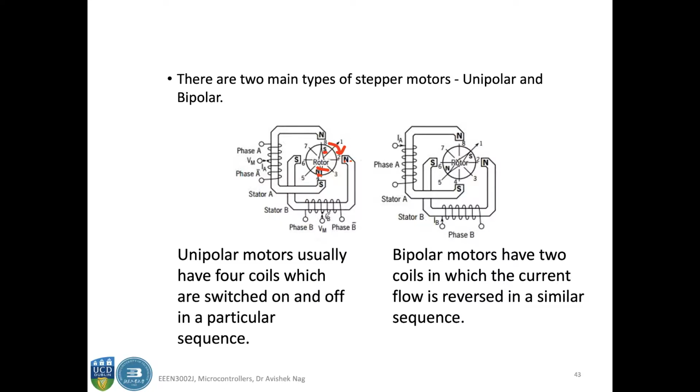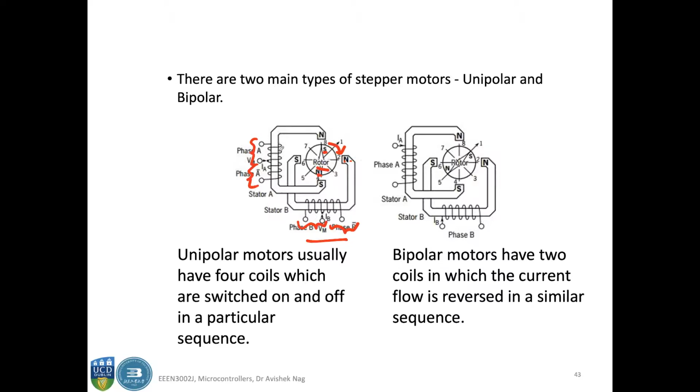Okay, so that could be a unipolar motor. This is an example of a unipolar motor. They usually have four coils, as you can see. This is one, this is another one, here also we have one, and then this is another one. So there are four coils which are switched on and off in a particular sequence.